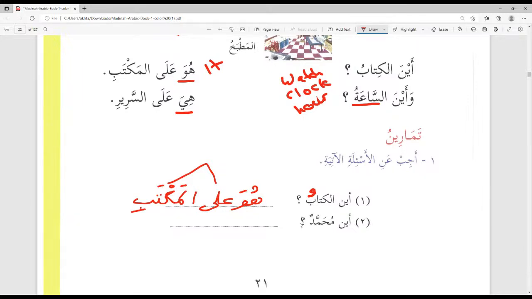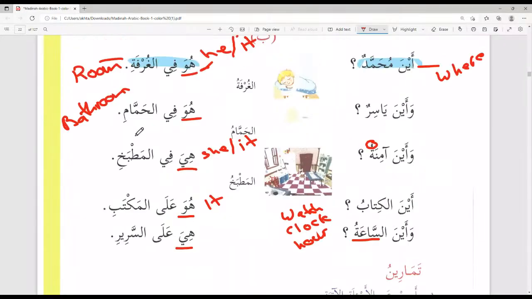Next one, Bilal. أين محمد? هو على السرير. لا. Is he on the bed? Oh, so you want me to say هو في الحمام? لا, because he's not. ياسر في الحمام. أين محمد?